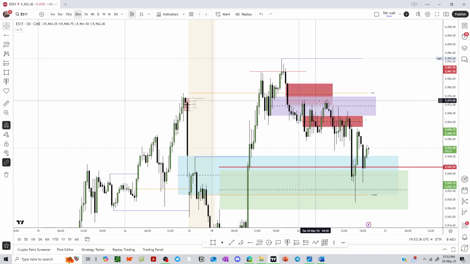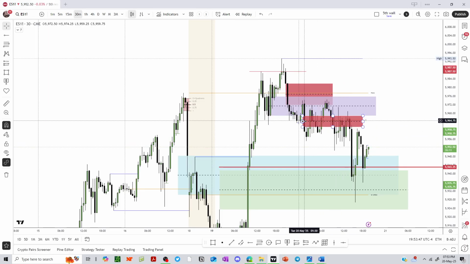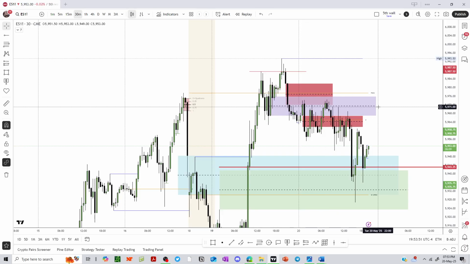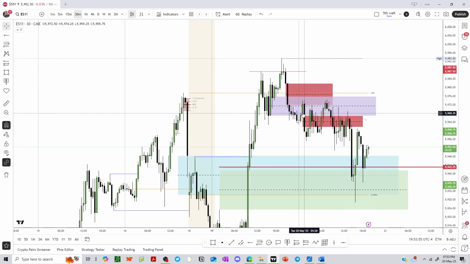So we have this run on stops here. We have a market structure shift again, and a retracement back into this fair value gap way over here. One of my trading buddies asked me today, yeah, that's a fair value gap, but price returned back into it, and that's it?